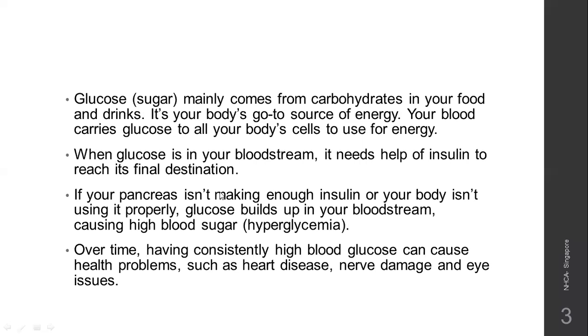Your blood carries glucose to all of your body's cells to use for energy. Okay. When the glucose is in your bloodstream, it will need help of insulin to reach its final destination, that is the cells. Okay. And if insulin is not there, your glucose will not be able to enter into the cells.